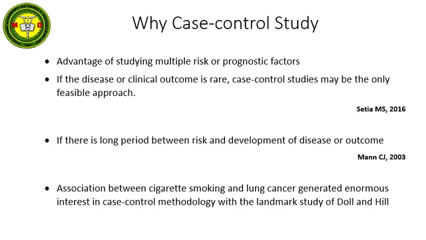Because of this, you can do studies of multiple risk factors or prognostic factors. For establishing the association between these factors and the outcome or development of disease, the case control study has a better advantage, especially if there is a long period between the exposure and the development of the disease or outcome. The other advantage of a case control study is that you can study multiple risk factors for a single outcome.